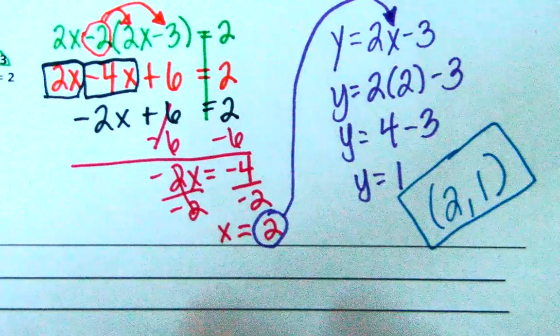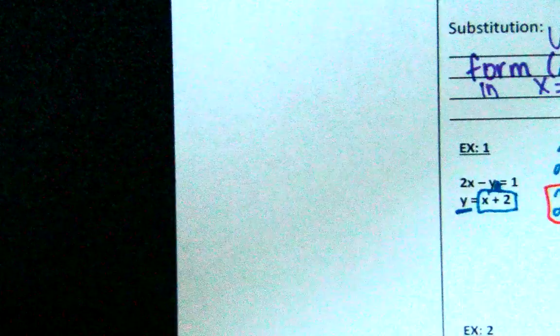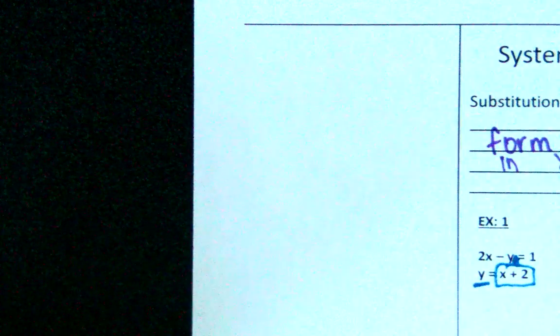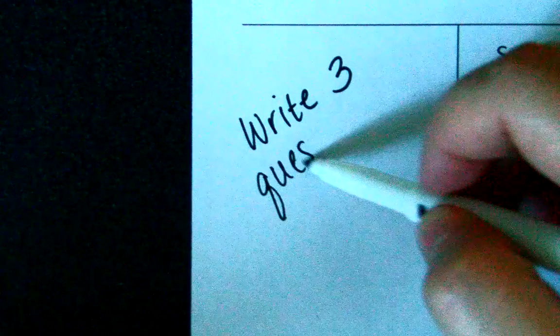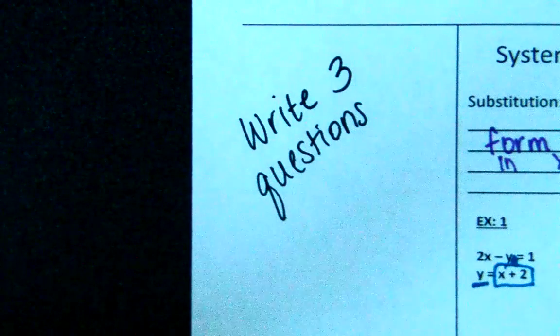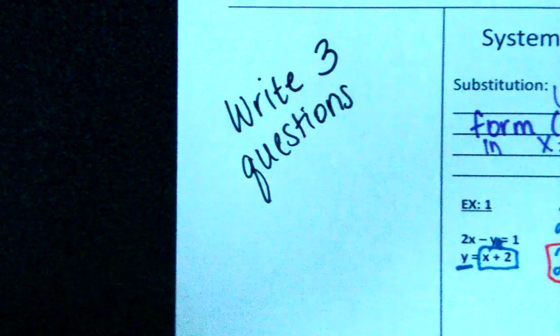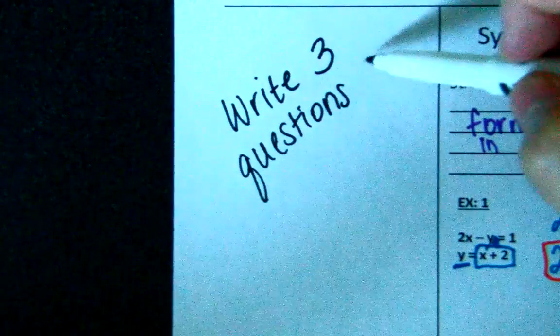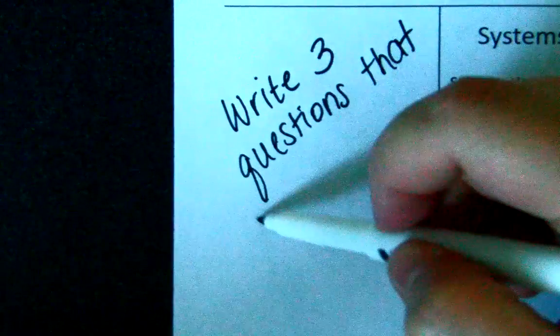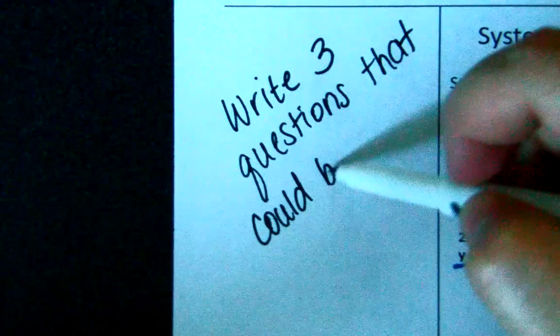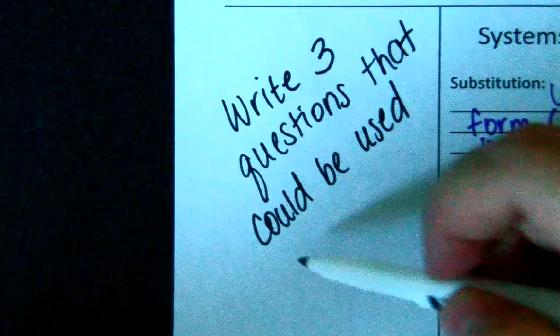Okay, now what you need to do on this side of your Cornell notes is I need you to write 3 questions that could be used on a test.